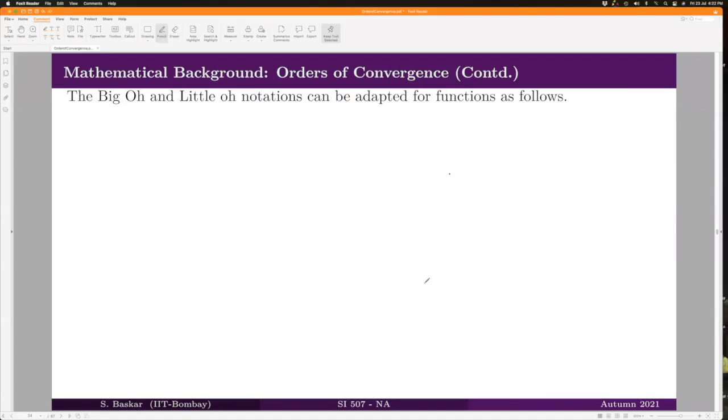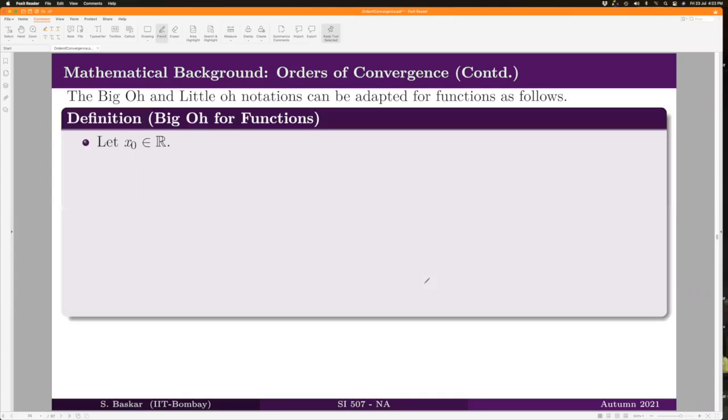Well, so far we have discussed the concept of big O and small o for sequences of real numbers. We can easily see that these ideas can be extended to study functions, where two continuous functions are given and we are interested in seeing which function approaches a limit faster than the other. In this context, let us define big O and small o for functions.